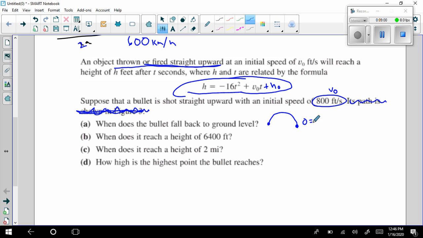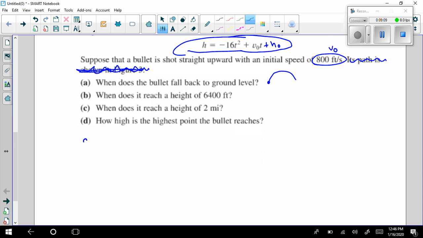So we want this to be 0. So 0 equals negative 16t squared. Actually, I'm going to move all this stuff down. Okay. 0 equals negative 16t squared plus, again, our initial velocity is 800t.